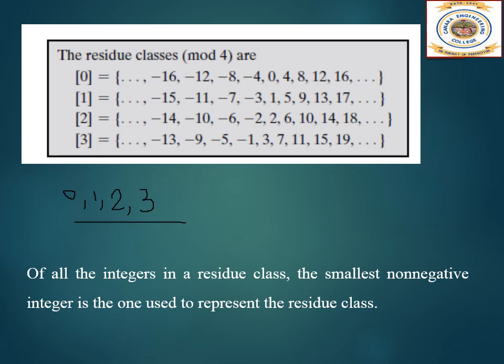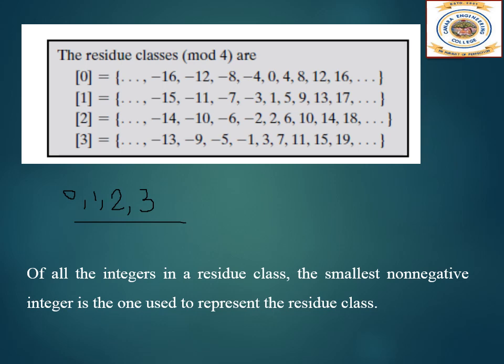If I say 0 mod 4, the remainder is 0. 1 mod 4, the remainder is 1, so we don't get 0. 2 mod 4, the remainder is 2. 3 mod 4, again not 0. But 4 mod 4, yes, the remainder is 0.